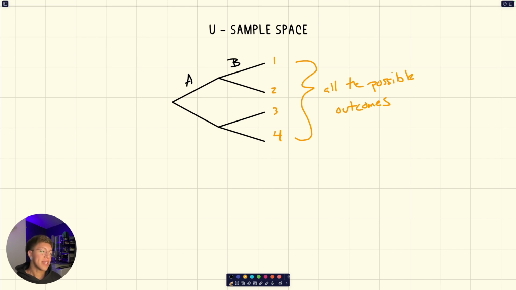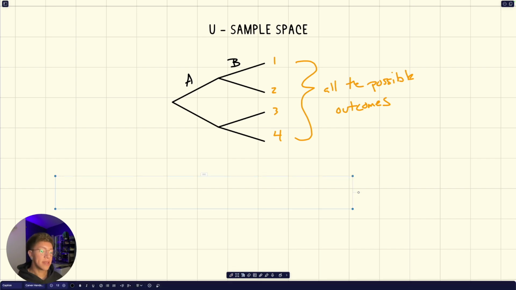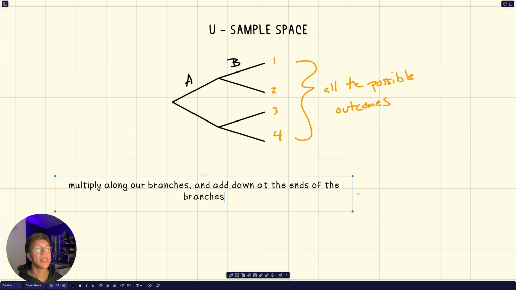One of the things we'll see as we work through this is that a great rule of thumb for tree diagrams is that we want to multiply along our branches and add down at the ends of the branches.